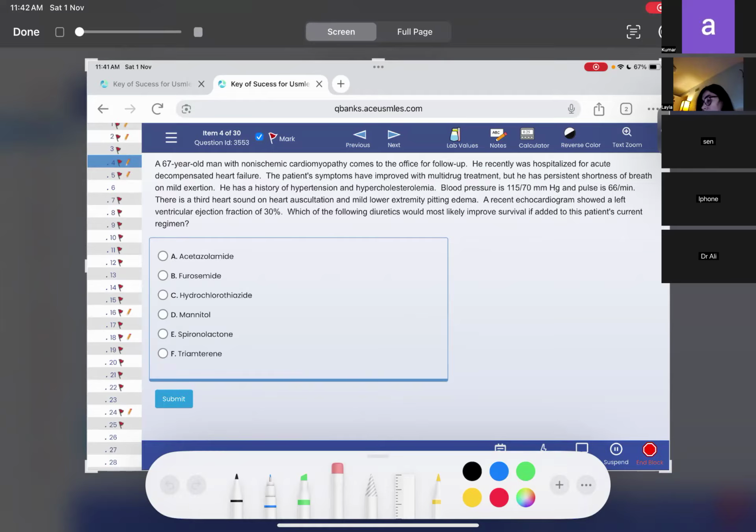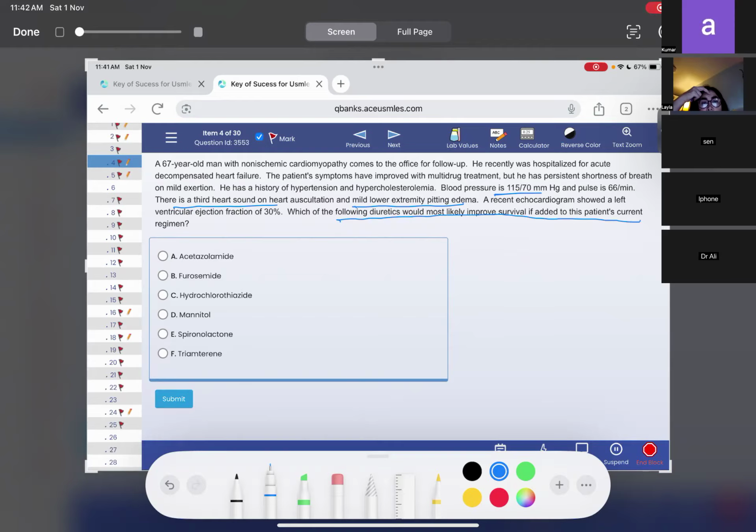He has a history of hypertension and hypercholesterolemia. Blood pressure is 115/70 and pulse is 66 per minute. There is a third heart sound on auscultation and mild lower extremity pitting edema. A recent echocardiogram showed a left ventricular ejection fraction of 30%.